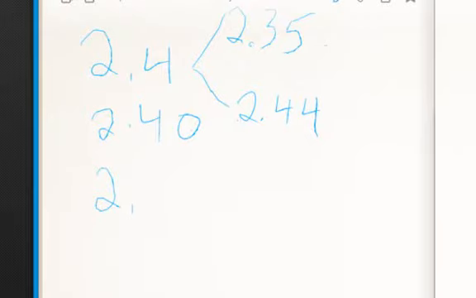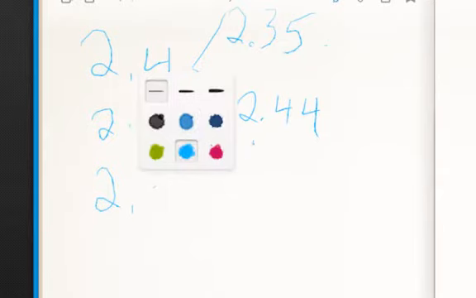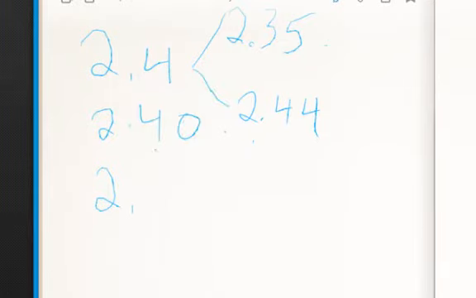Well, no. So when you look at a number, 2.40 has a 0 because we are sure not only to the 10th place, but to the 100th place.